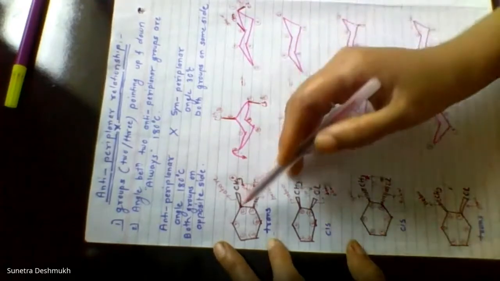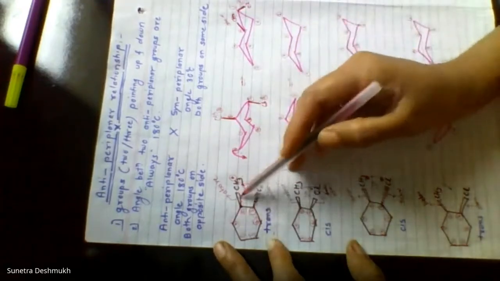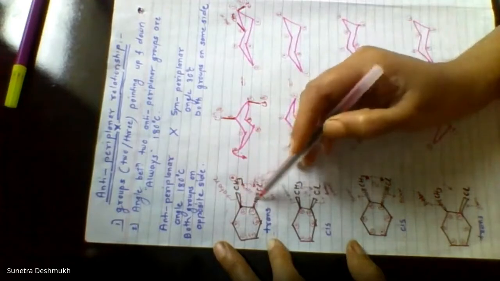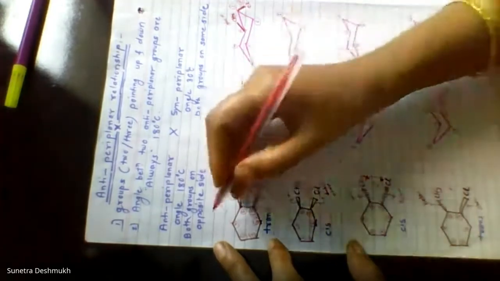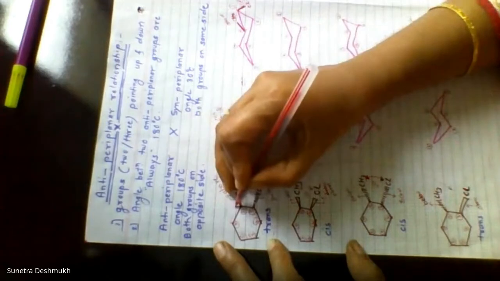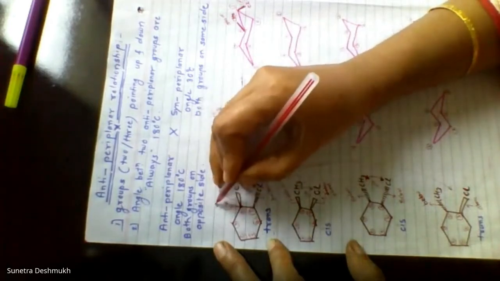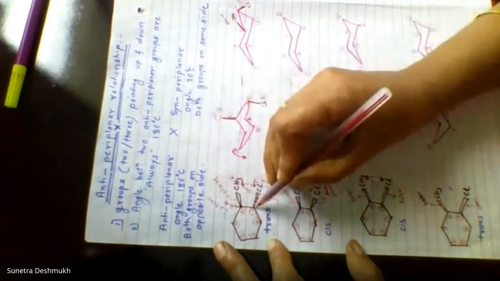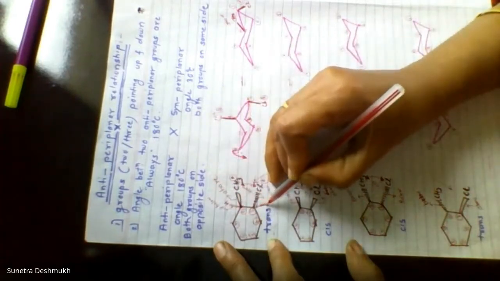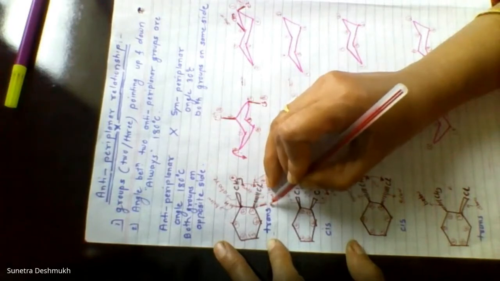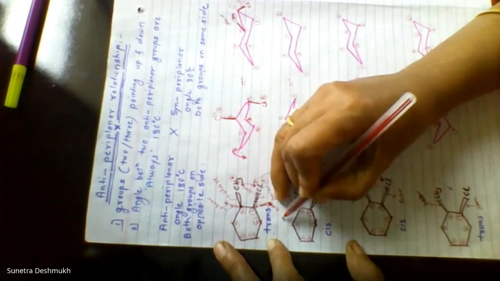Now next, I have to add the remaining substituents. Two hydrogens are replaced with the methyl and chlorine. The remaining ones are present here: one hydrogen is present below the plane, and here also one hydrogen is present above the plane.